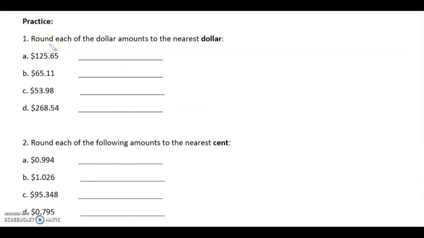Okay, so for the practice questions, round each dollar amount to the nearest dollar. Okay, so I'm going to underline the dollar in all of these numbers, and we're going to take a look at the number on the right of the dollar. So for 125.65, I'm going to round up, and that changes to 126.00.